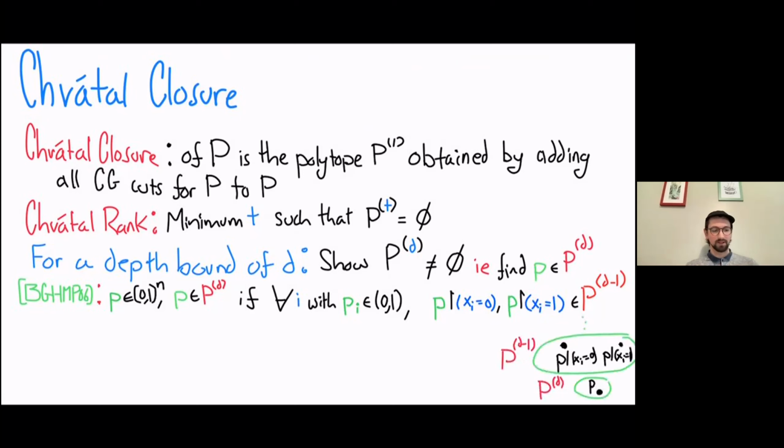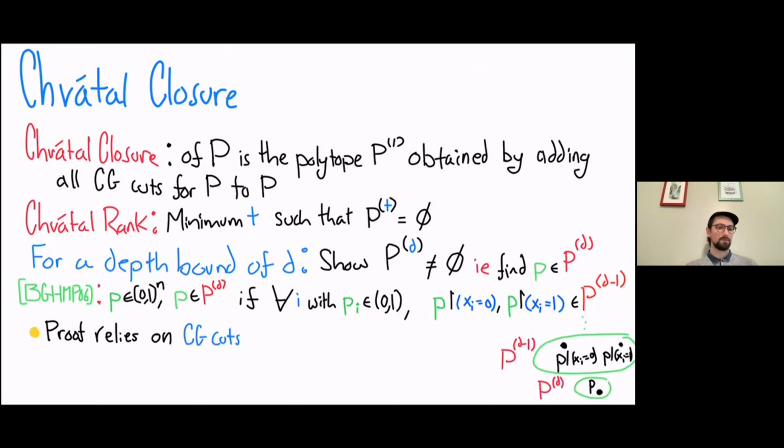So you get a little picture like this. Basically you get a necessary condition for the points that are in the d round closure in terms of points that are in earlier closures. This gives you a nice way of looking at these things.